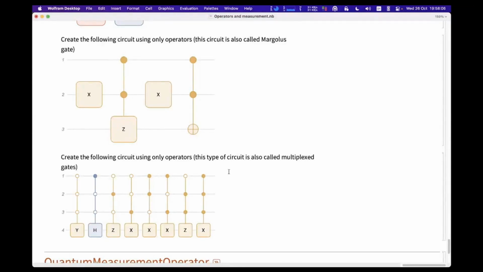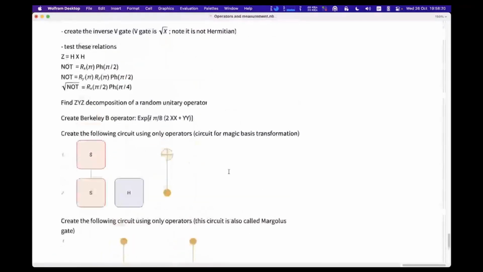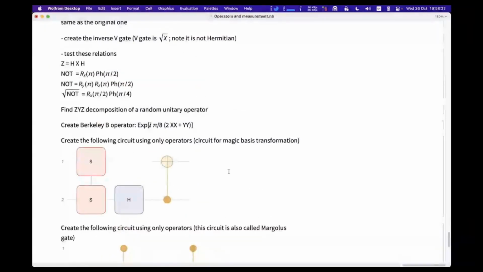I know you may not like it, but trust us, try to struggle a little bit with our quantum state features and quantum operator features, because once you master those, working with quantum circuit operators will be much, much easier. So next time we are going to review some of these examples.